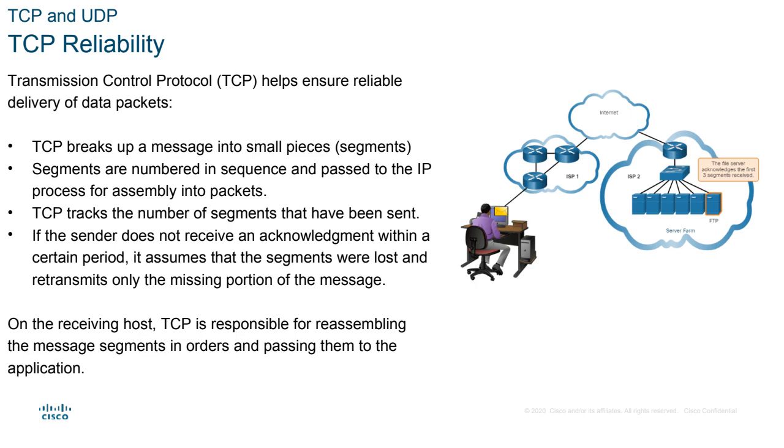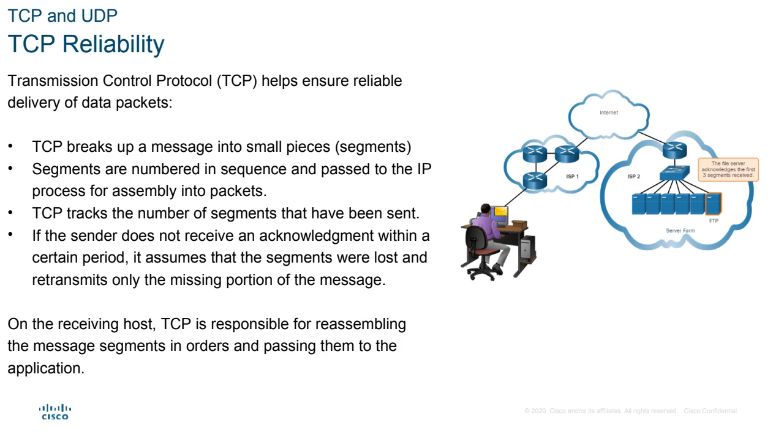We already mentioned that TCP is reliable. Why? Because TCP breaks a message into smaller pieces. We call them segments. Then they are given numbers and passed to the IP process for assembly into packets.